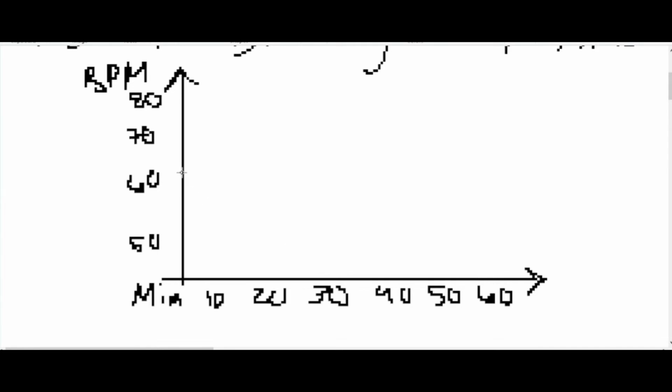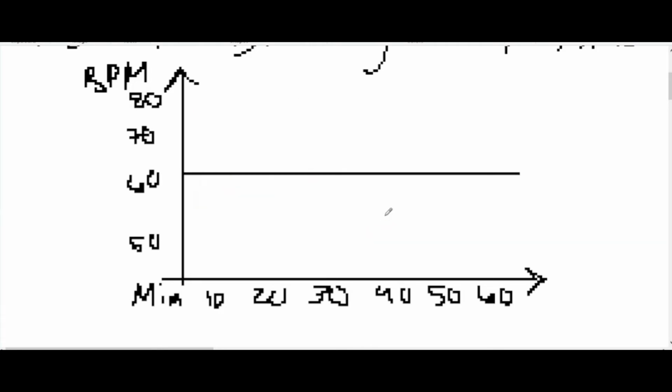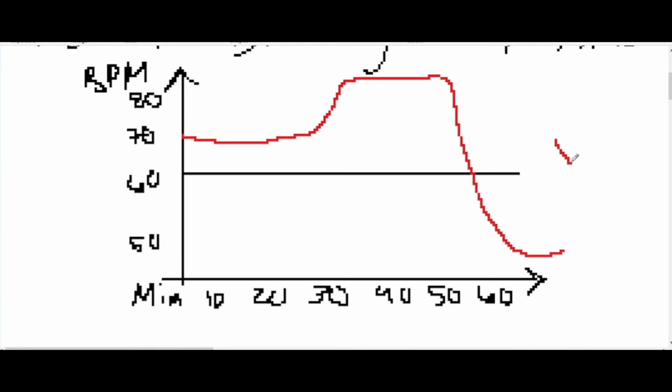If your heart rhythm is at 60, that is never going to change unless you are going into cardiac arrest. If this is spiking like this, I shouldn't say heart rhythm, if your heart rate goes from 70 all the way up to 80 and then all the way down to 50, you're probably dying.